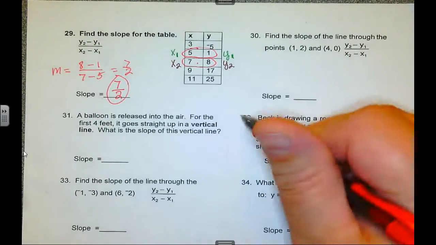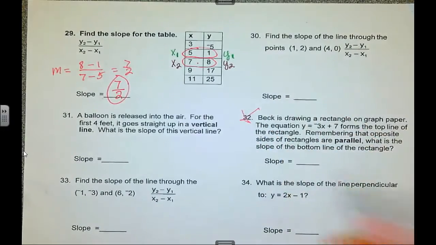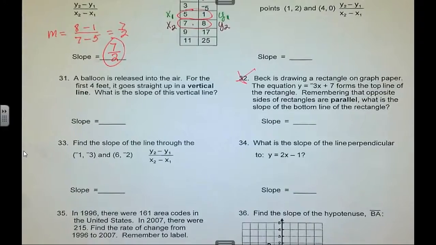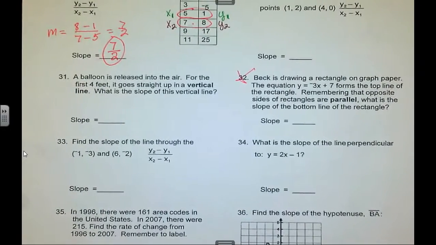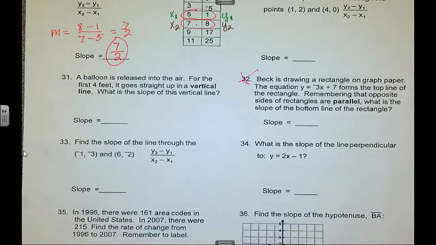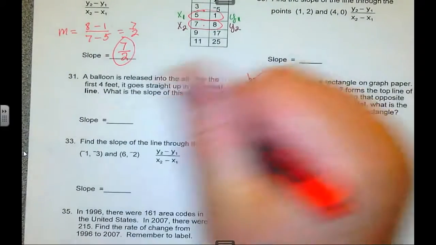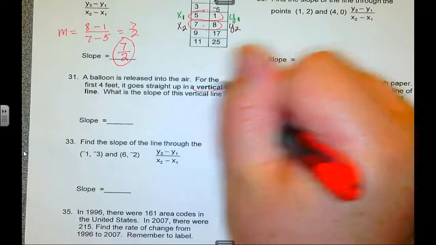What's the slope of a vertical line? Undefined. Vertical is undefined.